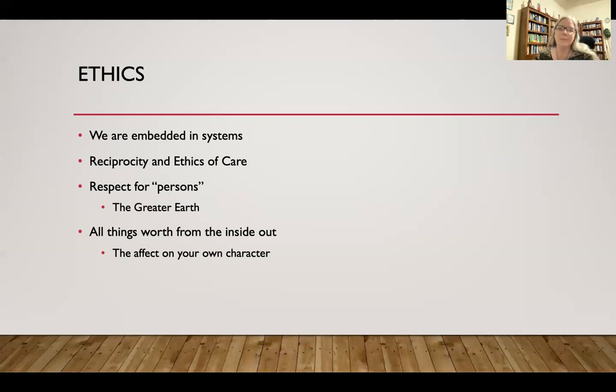Part of this also is about having respect for persons, obviously respect for people. An example of this would be: don't do love magic on a person. First of all, it is disrespectful towards the other person's will.